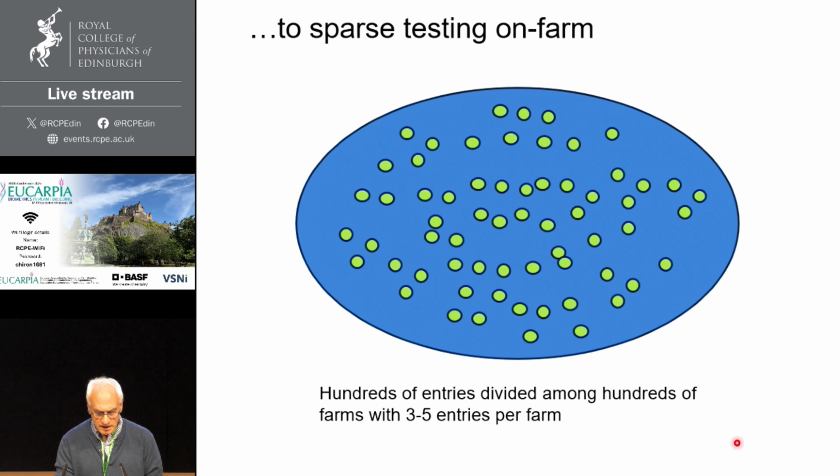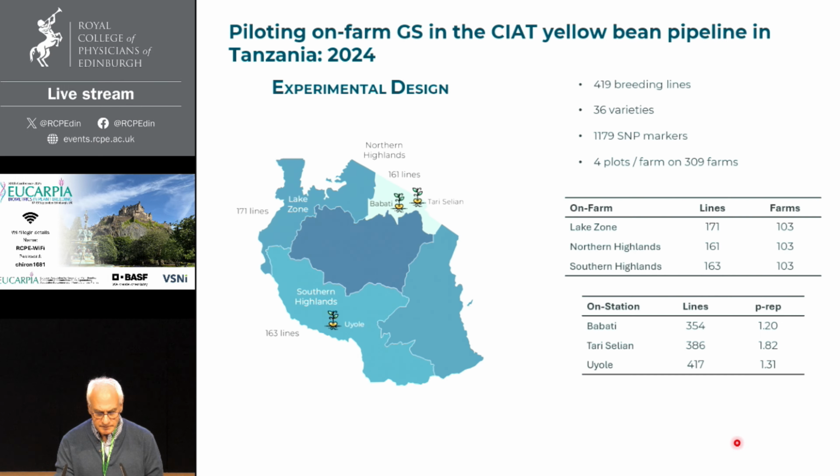But let's move on to a pilot. We're piloting this type of approach in 2 breeding programs. One is the Siat yellow bean pipeline in Tanzania, led by Teshale Memo, based in Arusha. We're also working on it with the Simit maize program in Eastern and Southern Africa.